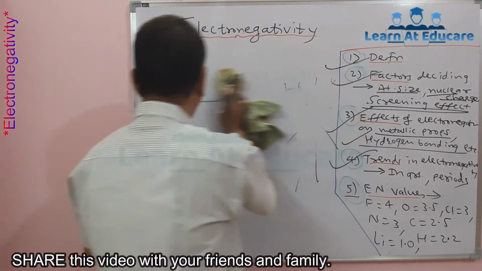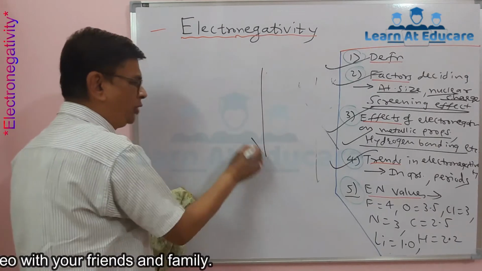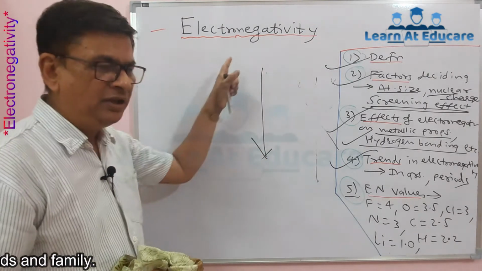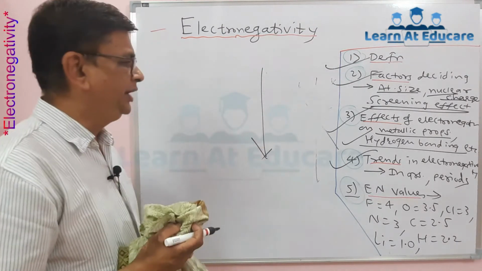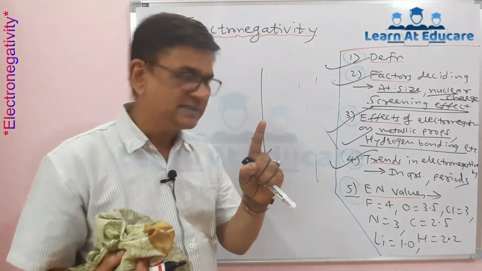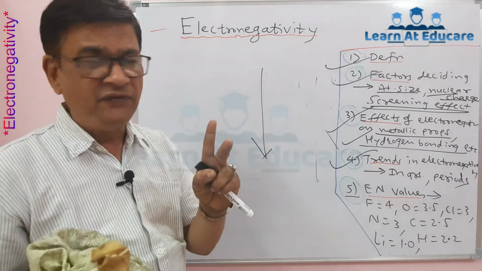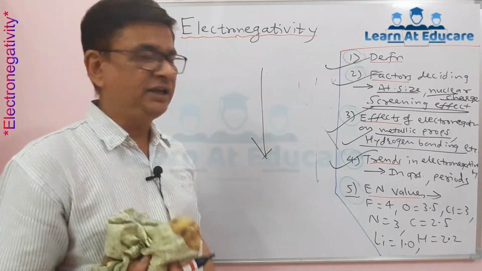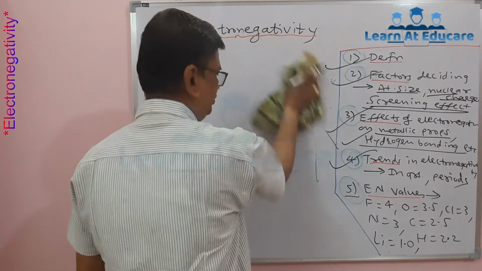Now what about top to bottom in any group? In any group, top to bottom, electronegativity value decreases. This is because of the increase in atomic size, increase in screening effect, and decrease in effective nuclear charge.